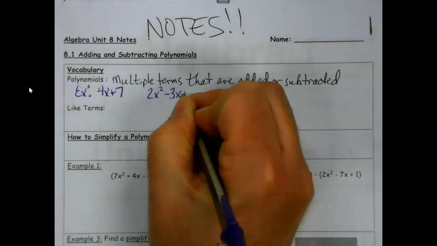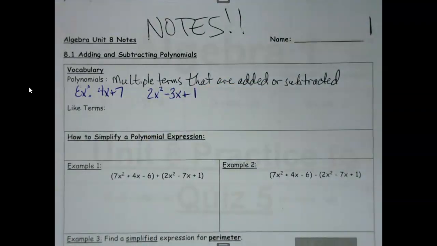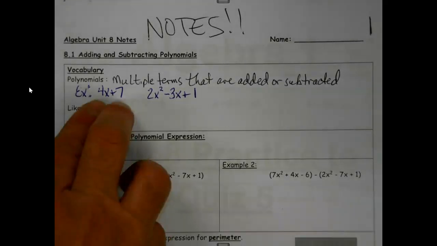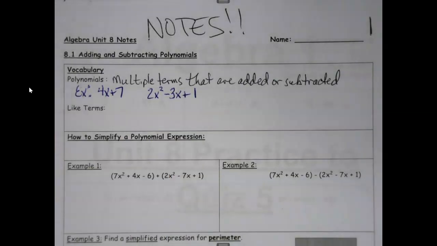Wait, does multiple terms mean? Multiple terms just means that you're going to have more than one thing going on. So I'm not just going to say, hey, 2x. Okay, 2x would be a monomial. It's only one term. Terms typically are separated by adding or subtracting them. So for the two examples I put here, this is two terms, 4x and 7, that are being added together.